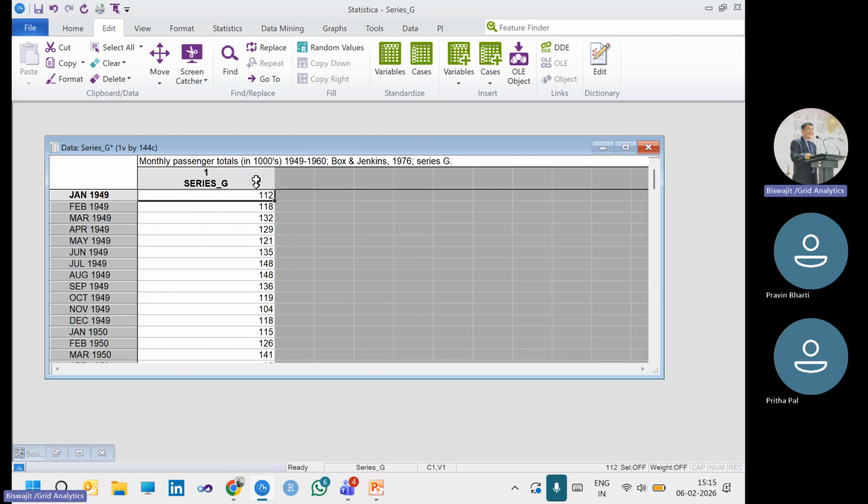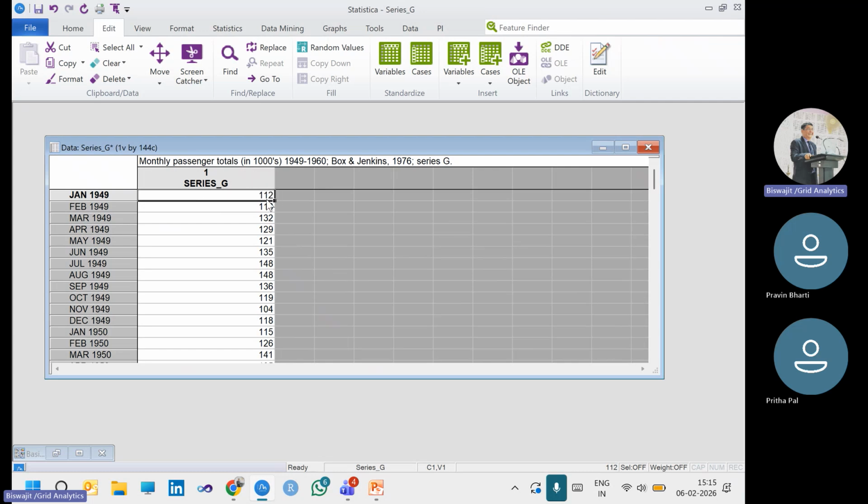You can view the volume of the data set on the top of the screen. The V denotes the variables, the column series G, and 144C. The C denotes the observation cases, or the rows, on the left hand side: January 1949, February 49, and so on. So what is the description of the data? In the series G column, you see 112. This is the monthly passengers of air travelers recorded in thousands.